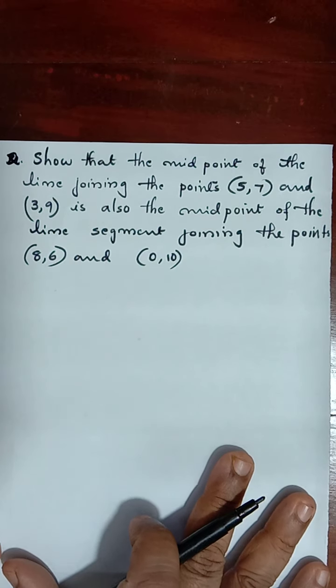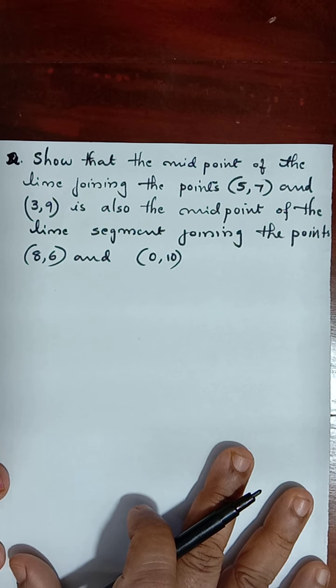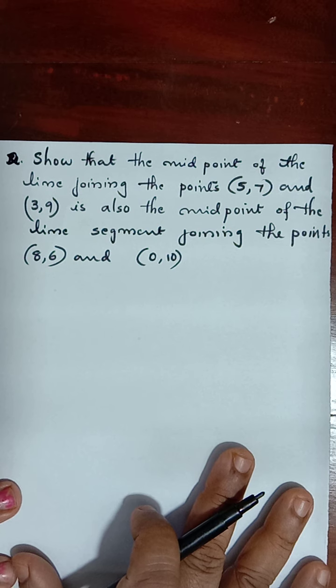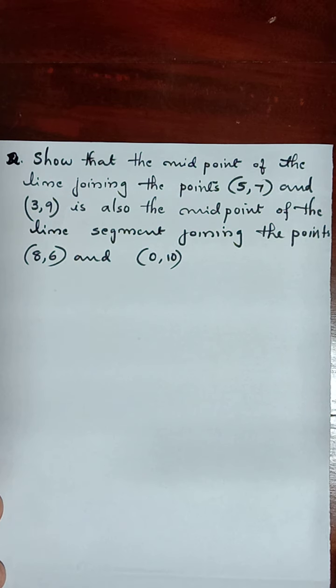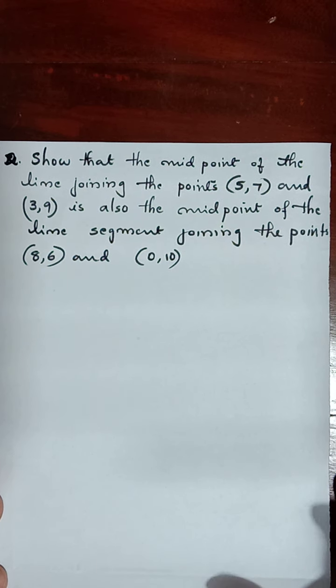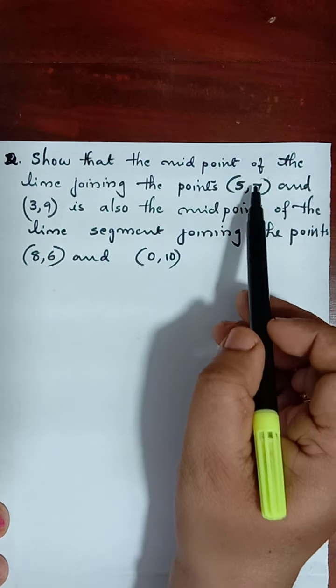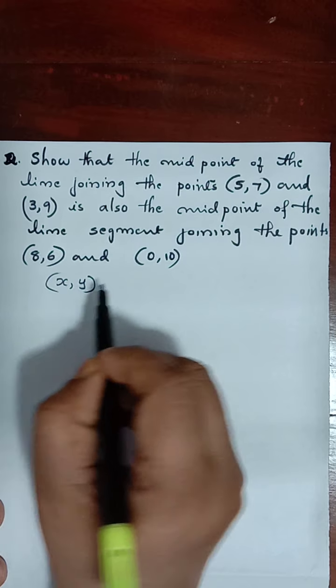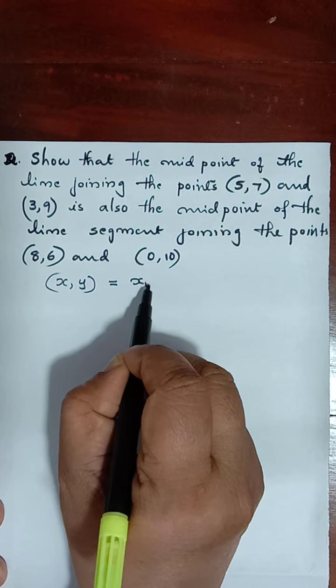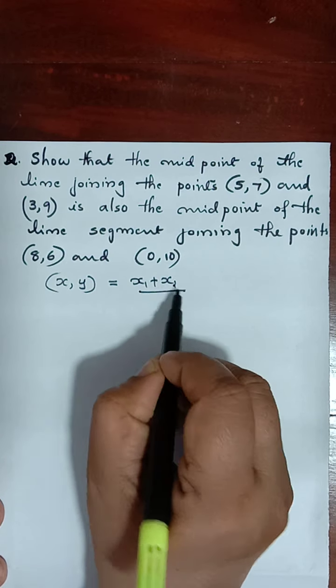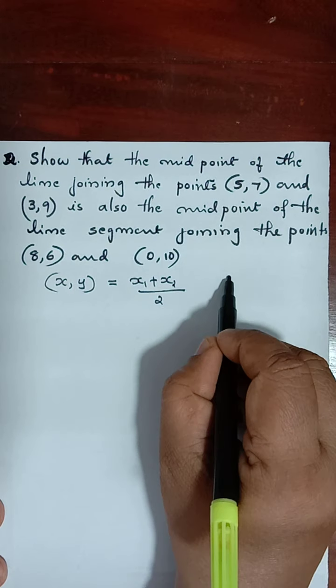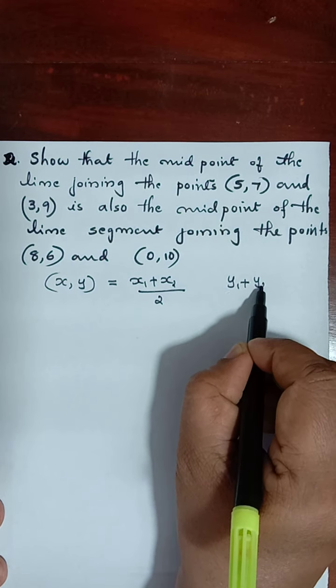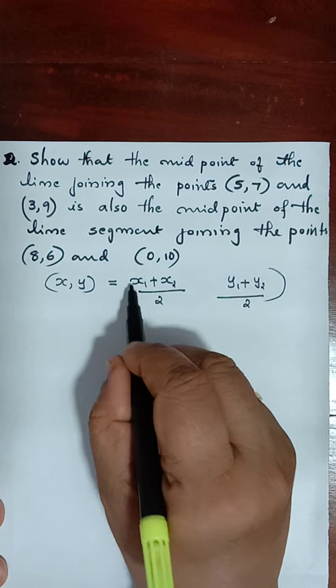Here we have question number 2. Show that the midpoint of the line joining the points 5, 7 and 3, 9 is also the midpoint of the line segment joining the points 8, 6 and 0, 10. So for the midpoint of the line joining two given points, we have the formula XY is equal to x1 plus x2 divided by 2 and y1 plus y2 divided by 2.